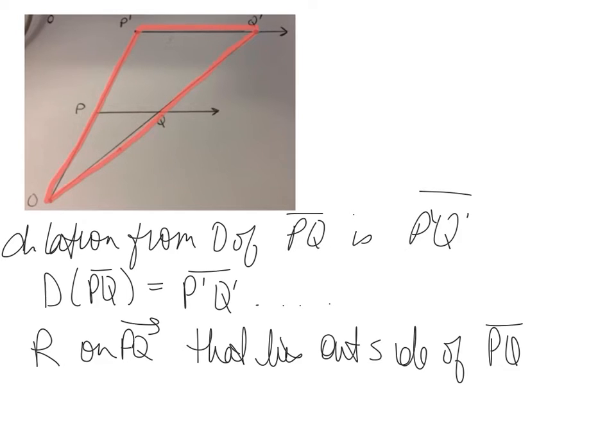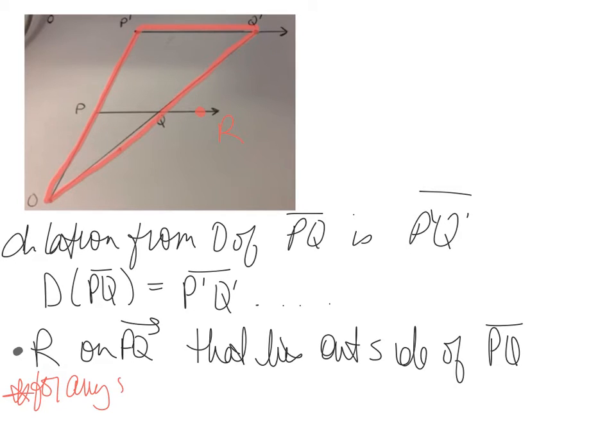So what we're really looking at is a point R. Let's just say a point R on ray PQ that lies outside of segment PQ. Okay, so for any such point, what point is contained in the segment PR? Okay, that's just another random question. Let's write that down so you can see it.